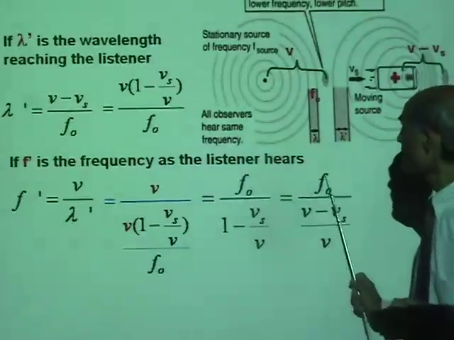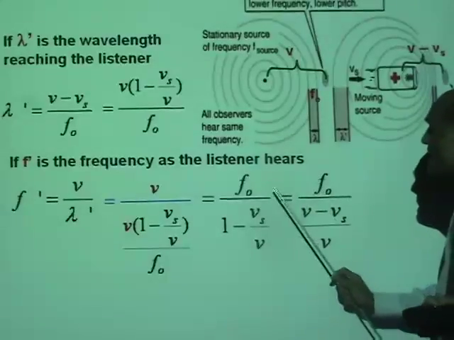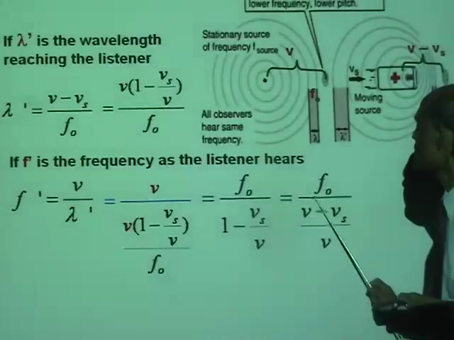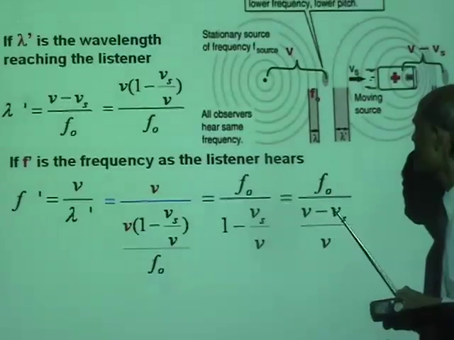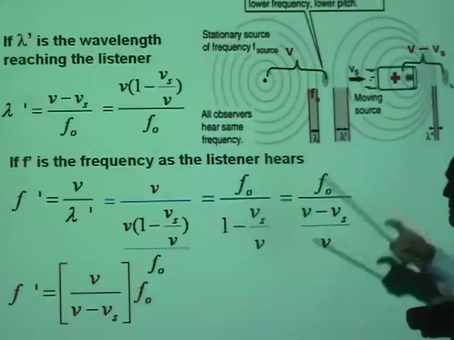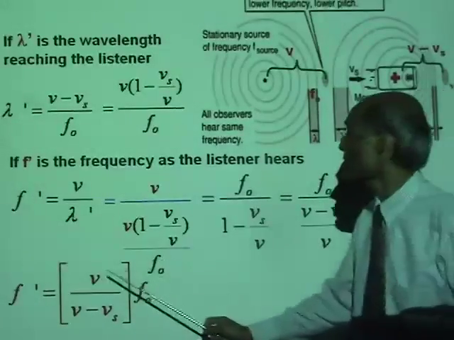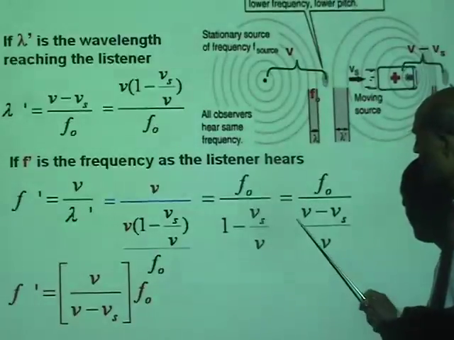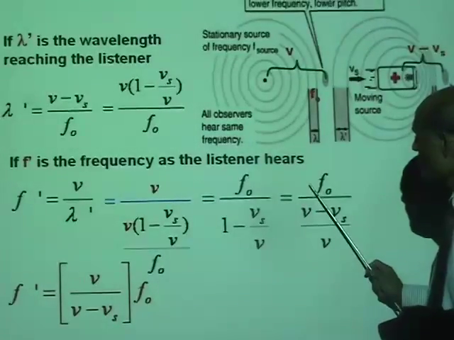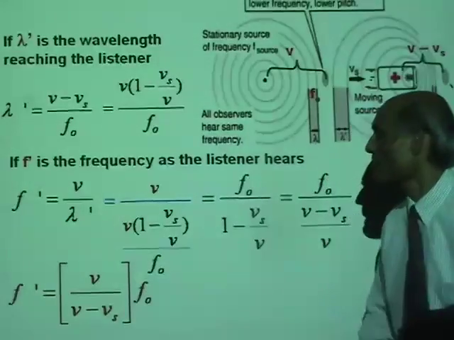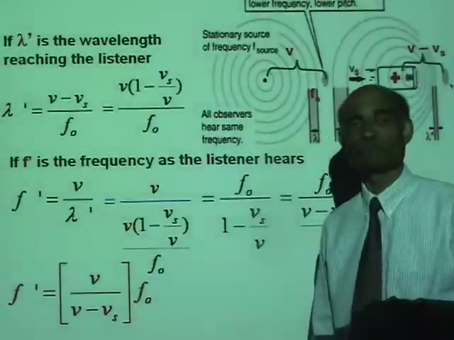Alright? And we can simplify it by taking V as the common denominator, F0 over V minus Vs over V, and we can write it if we want like this. F prime equal to, this V will go up. It will then become V over V minus Vs multiplied by F0.